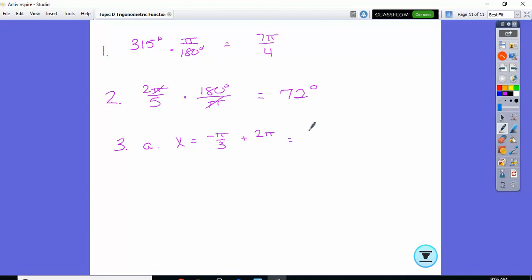Okay, so that's like 6 pi over 3 and negative 1 pi over 3, so that's 5 pi over 3. Now on a test or quiz, I would ask you, what quadrant is 5 pi over 3 in? Sure. Reference angle in radians is, yeah, pi over 3, or if you need to, you can think that means 60 degrees.